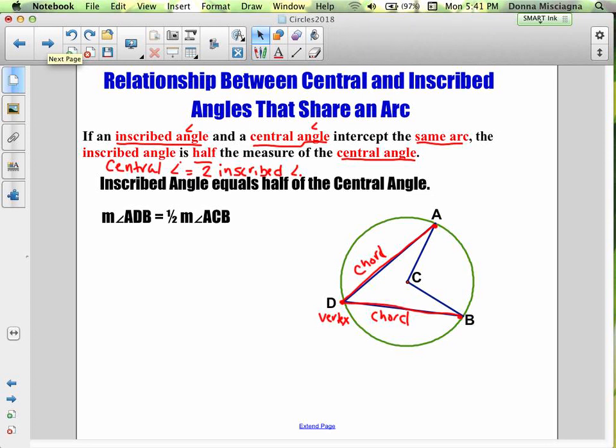The intercepted arc, so let me write inscribed angle here. Put it here. The intercepted arc is right here in between the endpoints of the angle that are on the circle. So this is the intercepted arc.